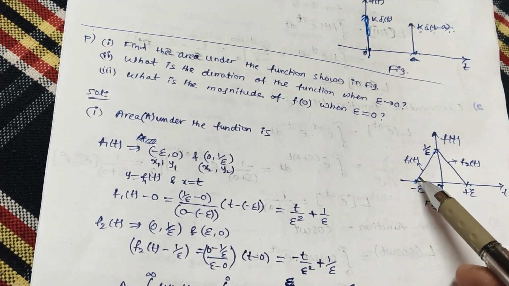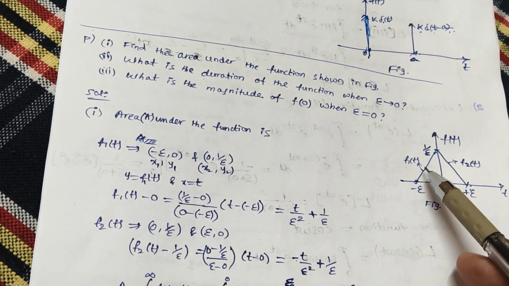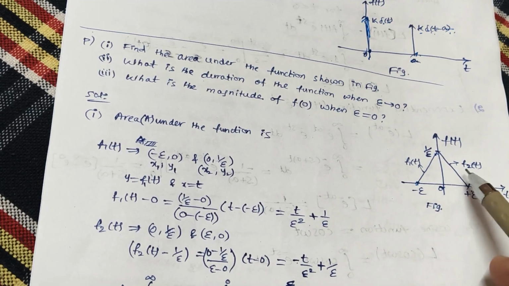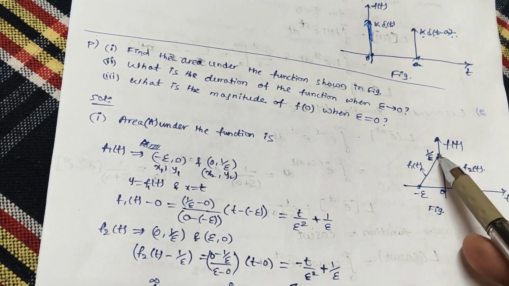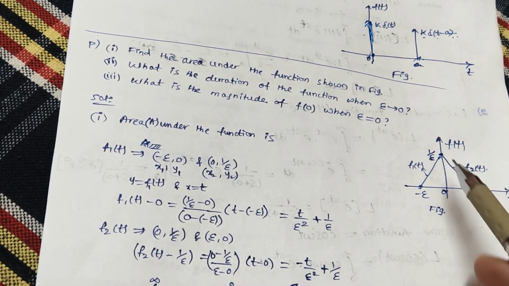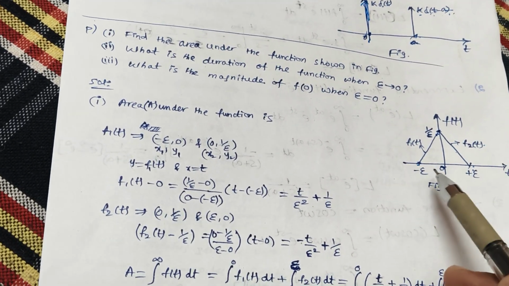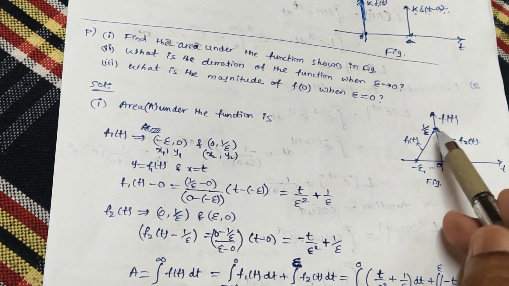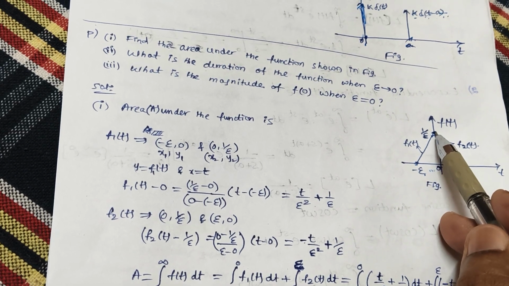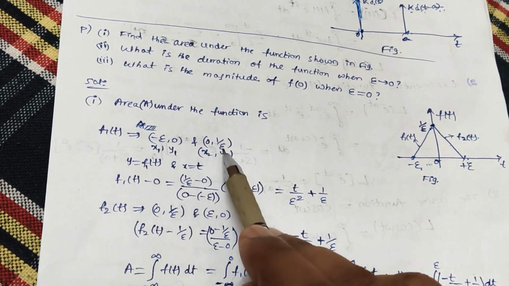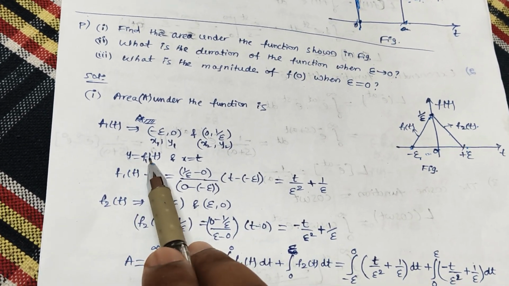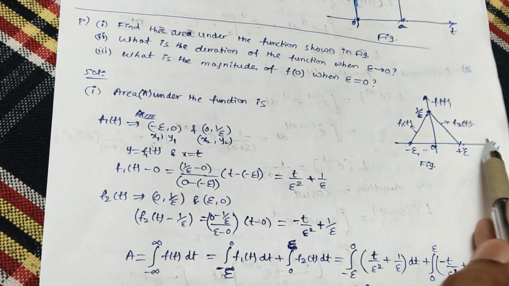It can be split into two segments, f1 of t and f2 of t, two different functions with the peak magnitude as 1 by epsilon. I'll find the coordinates: the first function coordinates are minus epsilon comma 0 and 0 comma 1 by epsilon. Y is equal to f1 of t, x is equal to t.